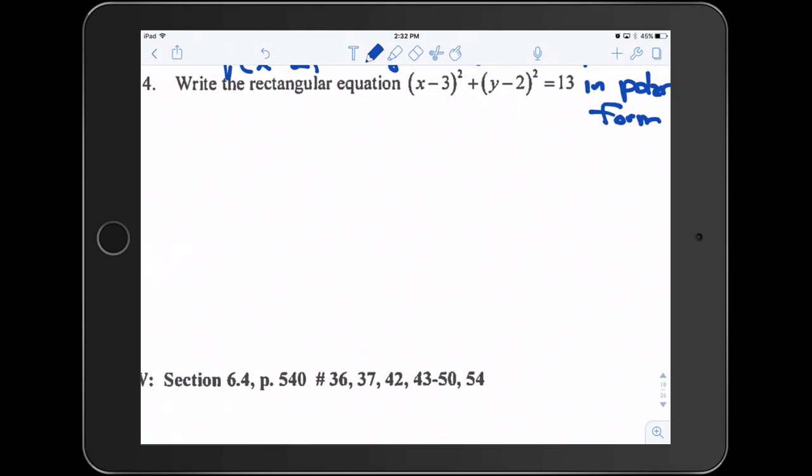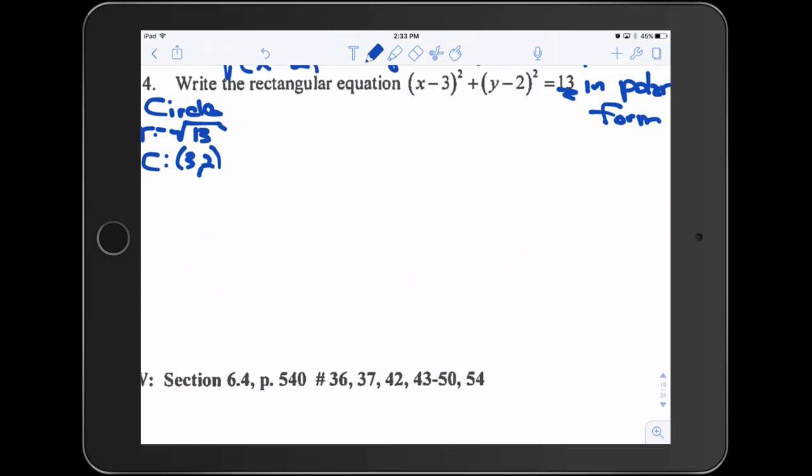So we know instantly this is a circle, the center is at (3, 2), and our radius is the square root of 13, because that's not a perfect square by any means. Where am I getting that from? Right there. And the center is at (3, 2). So if it's in this form of a rectangular equation, it's super easy to get that information. But we want to get it into a polar equation.